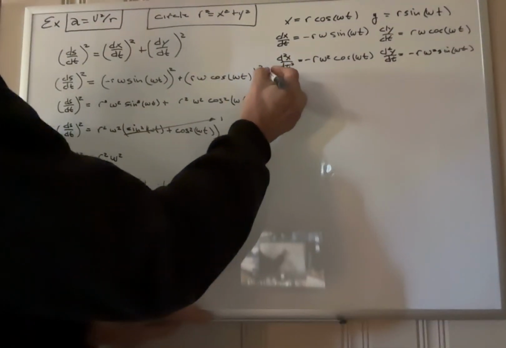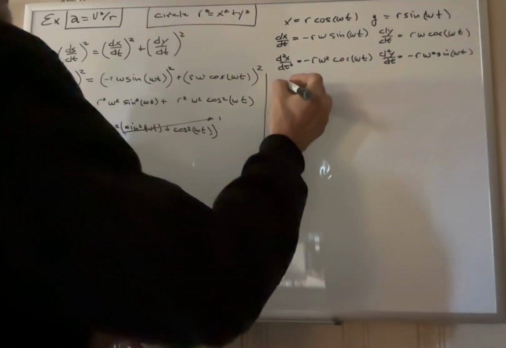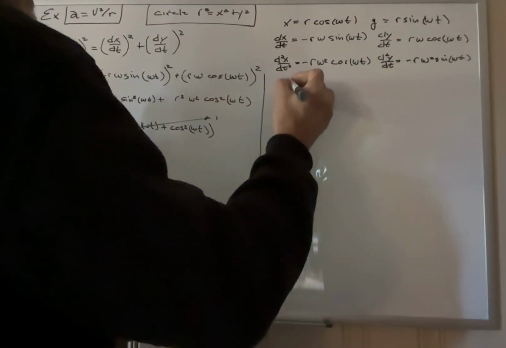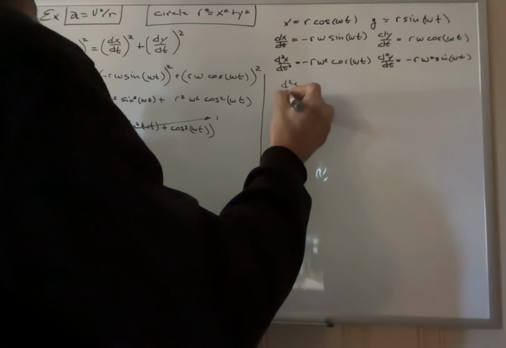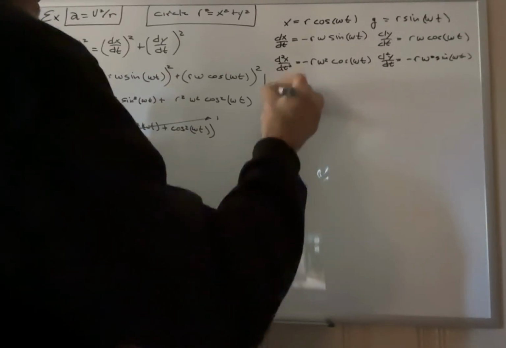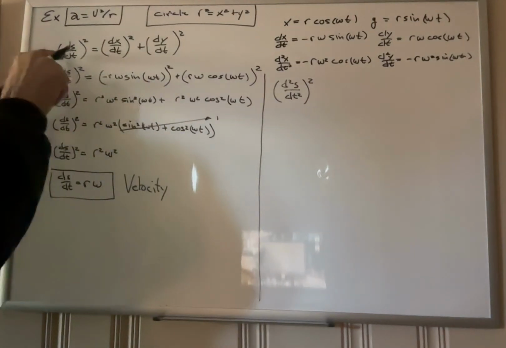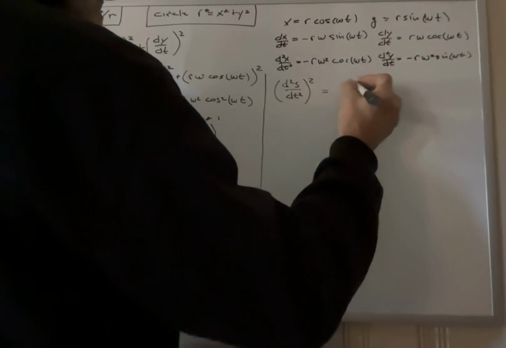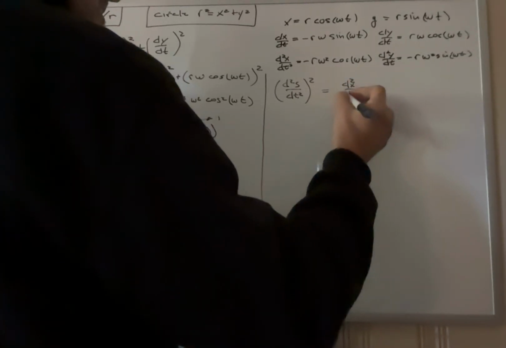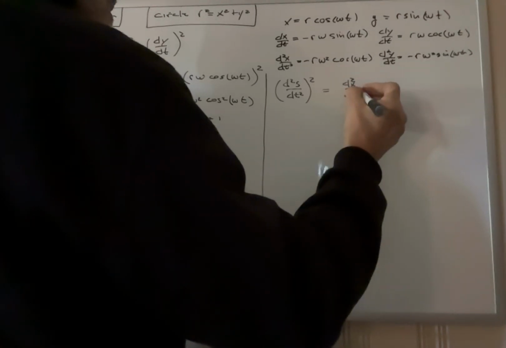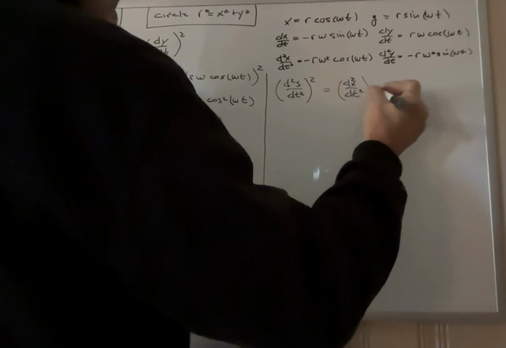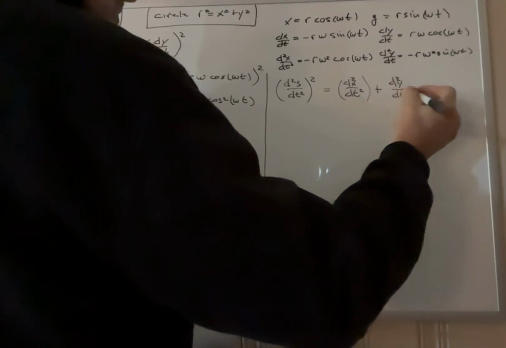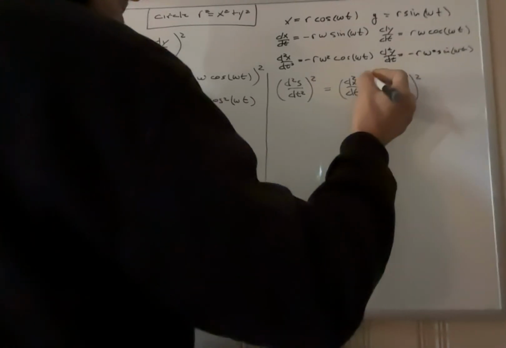Let's look at the acceleration, using our acceleration formula, which is slightly different. So this would be (d squared s/dt squared) squared, taking the derivative of this thing, which is going to be equal to our (d squared x/dt squared) squared plus (d squared y/dt squared) squared.